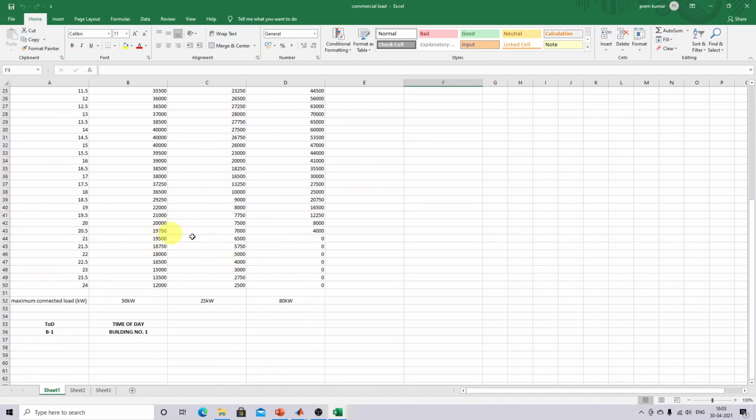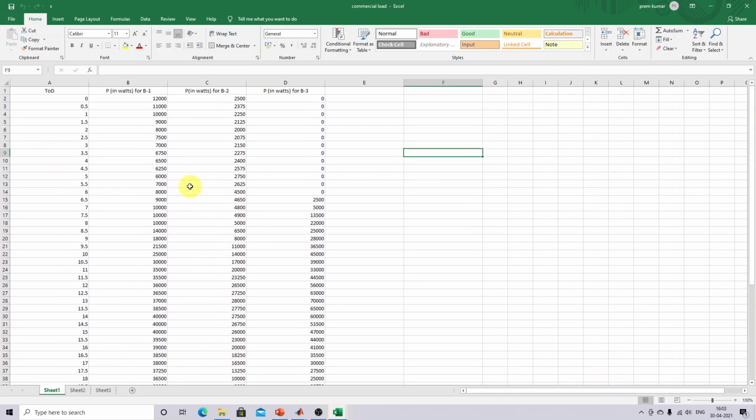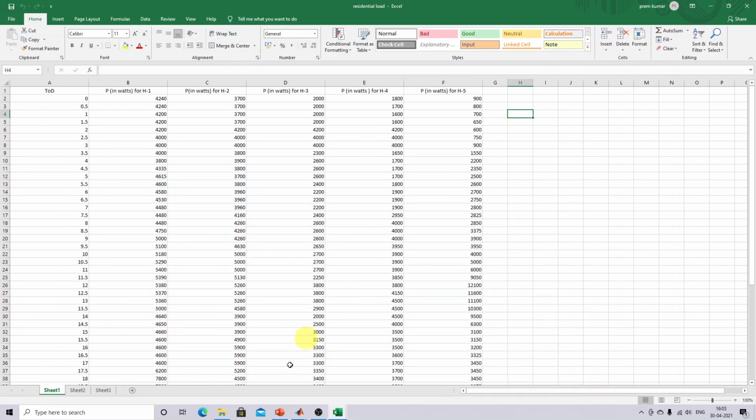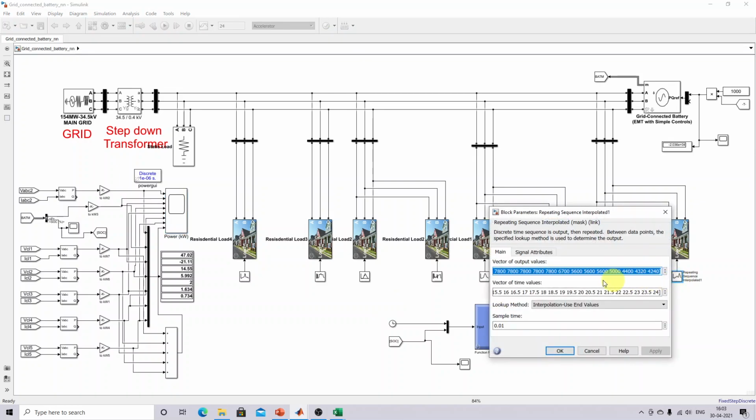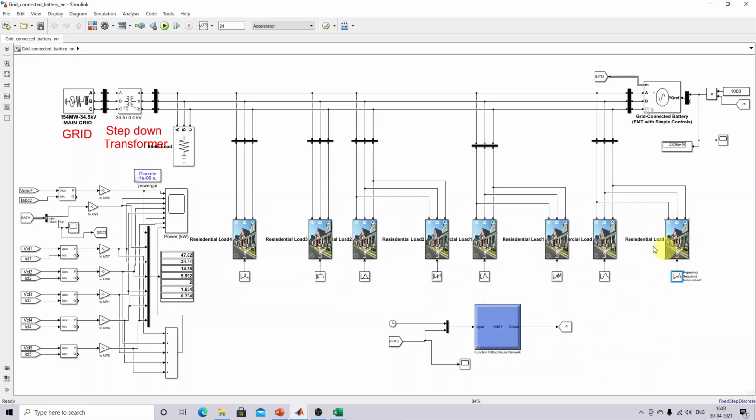Okay. So based upon this data, we are generating the load profile here. So you can see that. This is load profile data for different timings for 24 hours. This load data is going to be loaded here, so it automatically adjusts the load profile here.